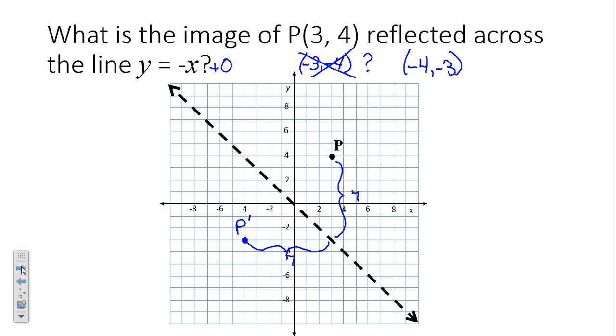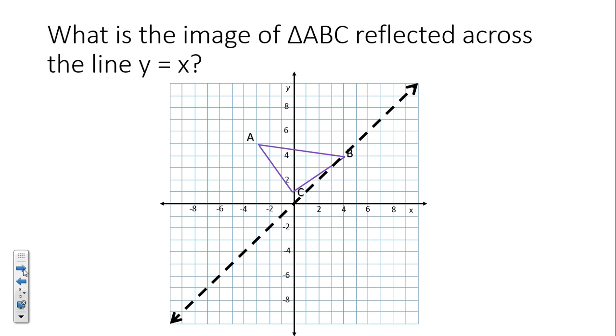Next example. What is the image of triangle ABC reflected across the line y equals x? So here's my pre-image. A is still negative 3, 4. B is still 4, 4.